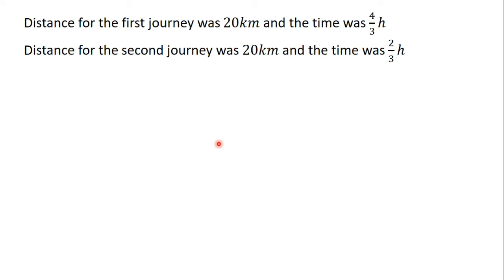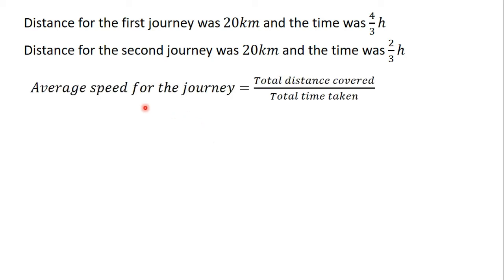Now, we have the total distance for both the first and second part of the journey, and we also have the time for both the first and second part of the journey. So, we can find the average speed for the whole journey. Average speed for the whole journey will be the total distance covered divided by the total time taken.